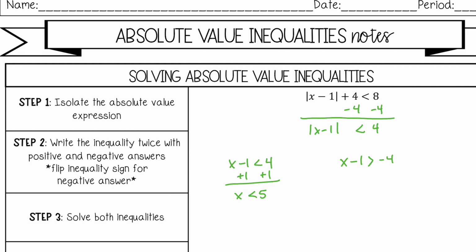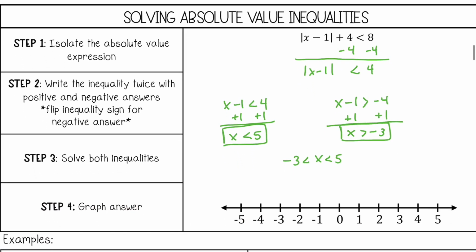So x is less than 5. And x is greater than negative 3, which you could also write like this: it's greater than negative 3, but it's less than 5.